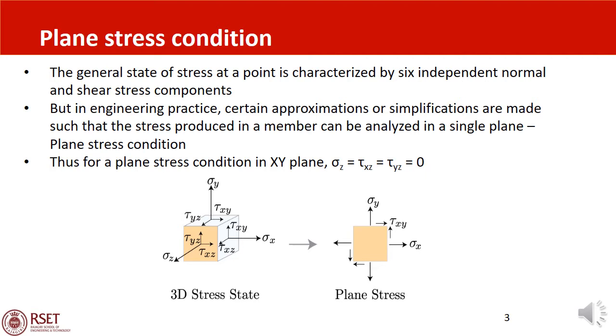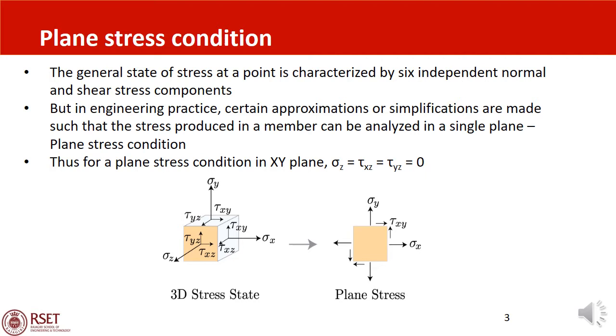So plane stress is a special assumption that we make when we are dealing with the mechanical problems of thin bodies, and usually the z direction is taken as the thin direction, and the stress components in the z direction can be assumed to be all zeros. Thus, for a plane stress condition in the xy plane, we can say that sigma z equal to 0, tau xz equal to 0 and tau yz equal to 0. A diagrammatic representation is also shown over here.